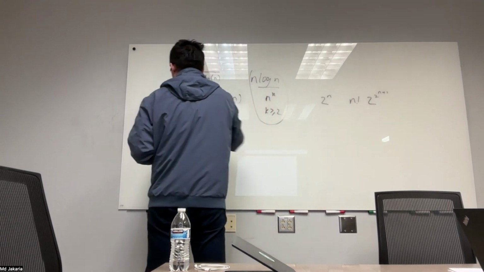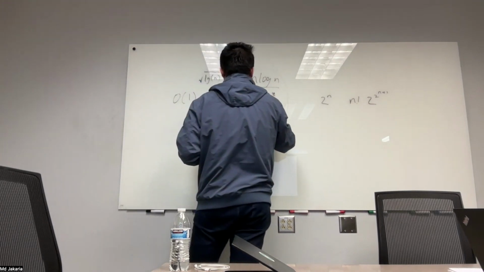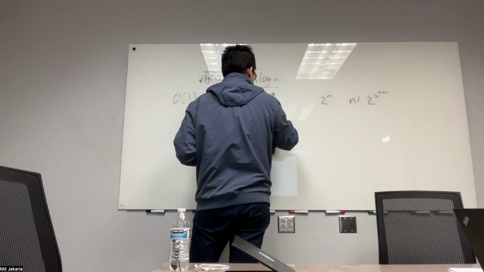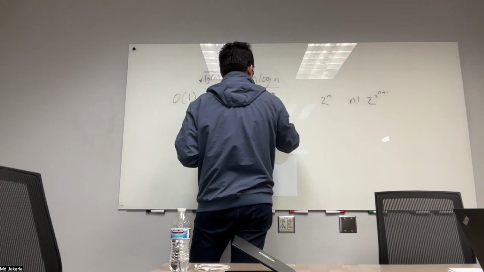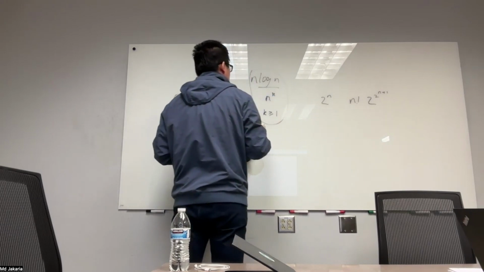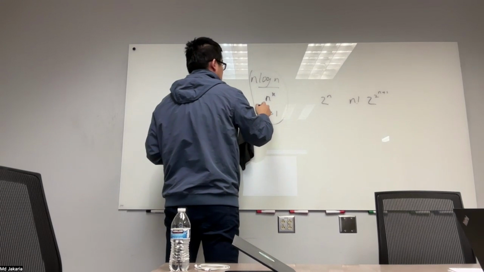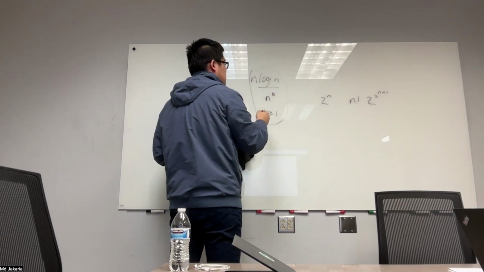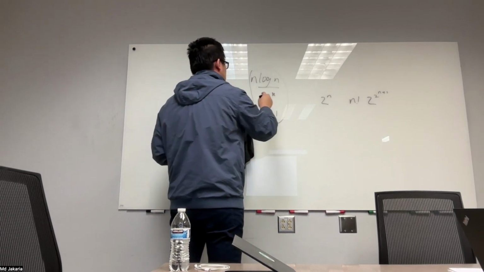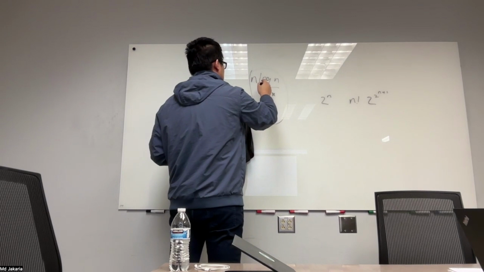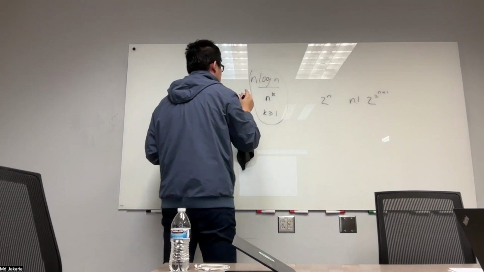Okay, I forgot one thing right here. k can also be 1. k is greater than or equal to 1. So in that case, when k is 1, n to the power of k is just linear, and linear is faster than logs.